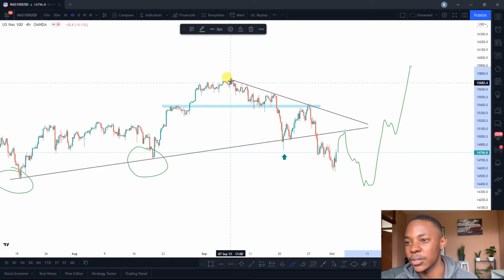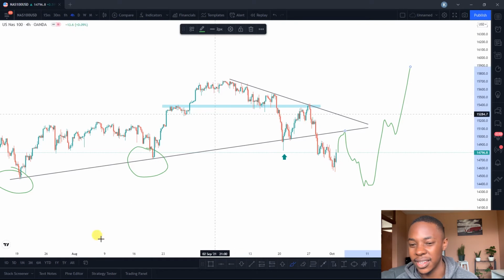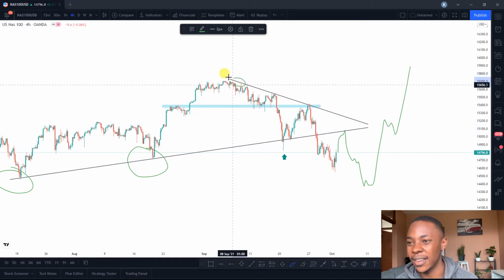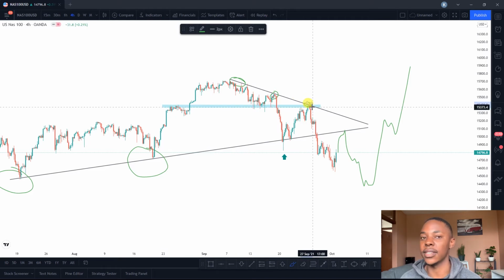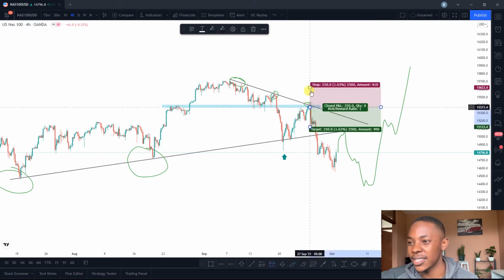As you can see here, also on the resistance, consider this the first touch, second touch, and then on the third touch, which is also another confirmation of support and resistance, giving us a proper sell. So that's where you look to sell Nas.